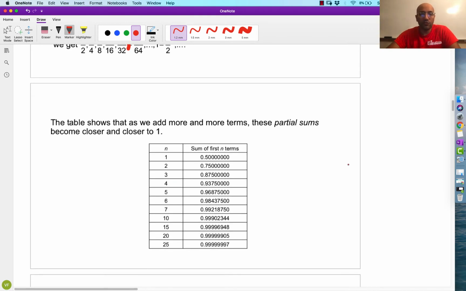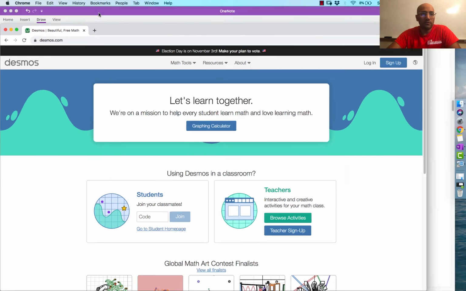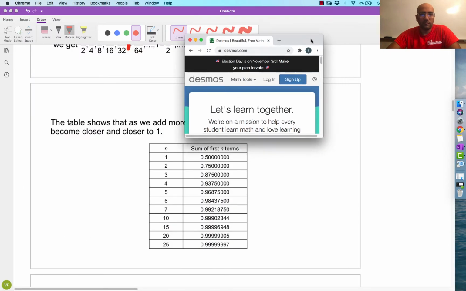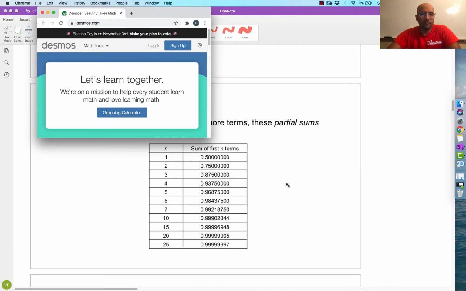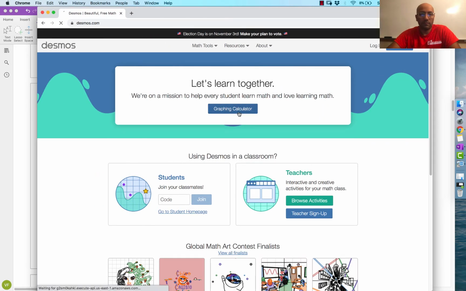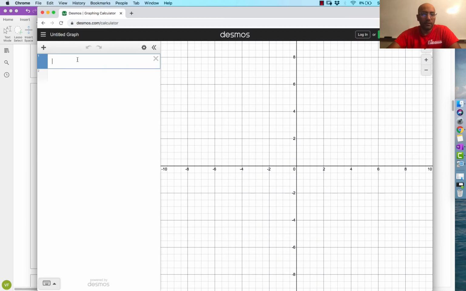I can also visually see it on Desmos. So let's see if I can use Desmos. Let's see, we have a table. Just make it n.